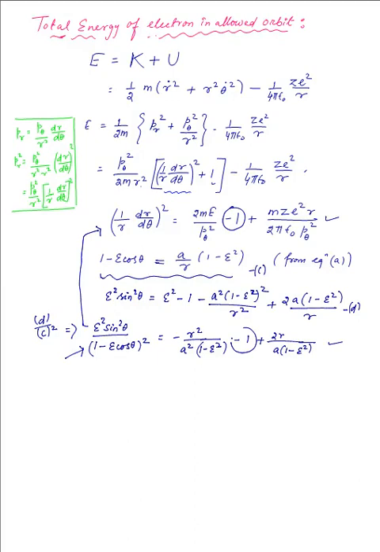What about the other two terms? In the first term of this equation, 2me divided by p theta squared is going to be equal to minus 1 by a squared (1 minus e squared).